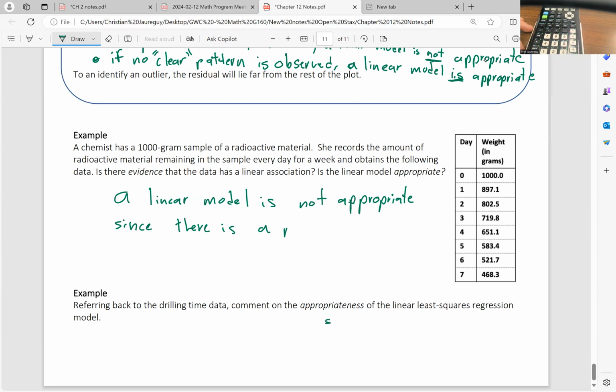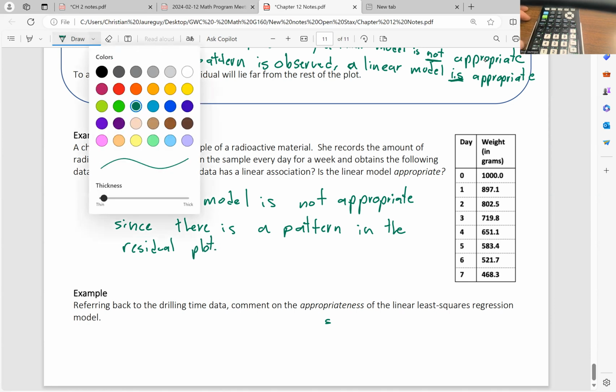There is a pattern in the residual plot. And that would be the answer to this question.